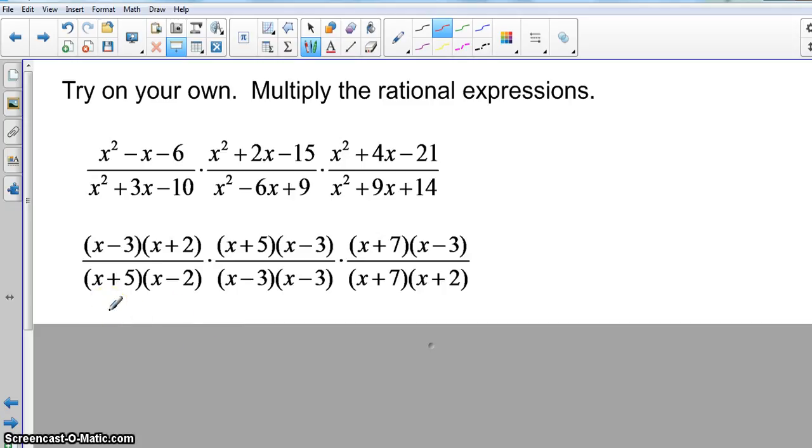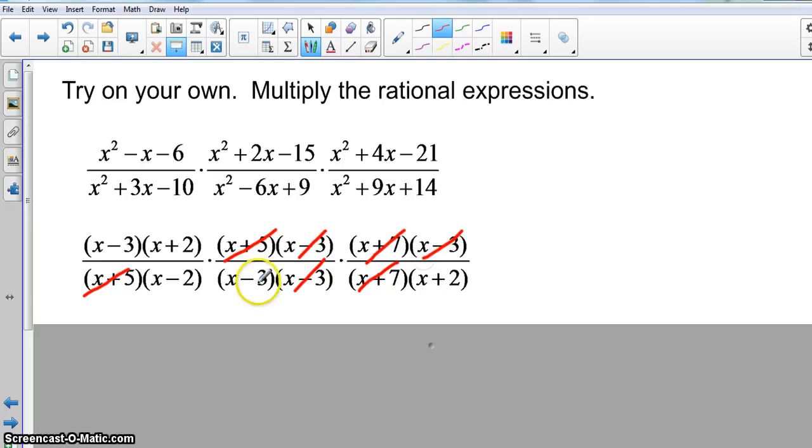So what do I have that's exactly the same on the top as the bottom? So I see an x plus 5 on the top here and an x plus 5 in the denominator for that one. I see an x plus 7 and an x plus 7. I see an x minus 3 and an x minus 3.